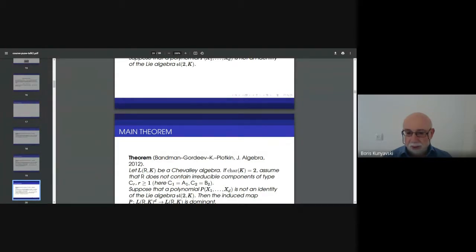So the first step breaks down, but if we assume that our polynomial is good enough, not of Razmyslov type, under this assumption, we can proceed by induction, more or less along the same lines. And let me formulate a version of this theorem, which is maybe even more useful practically.